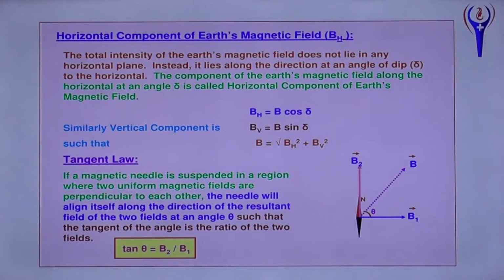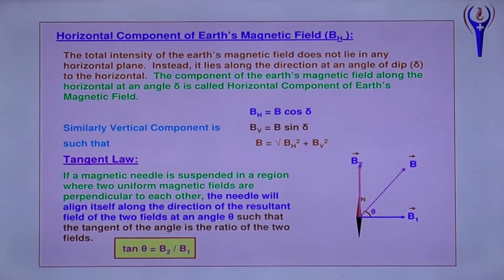The component of Earth's magnetic field along the horizontal is called the horizontal component of Earth's magnetic field, denoted by the symbol BH. BH equals B cos delta, and similarly the vertical component BV equals B sin delta.